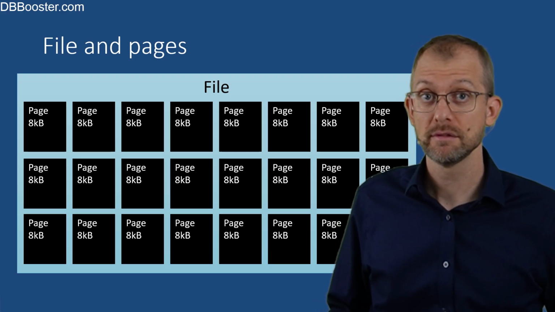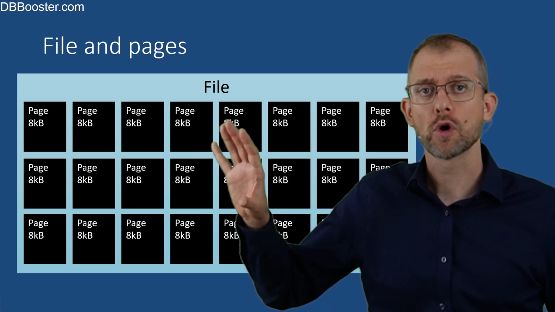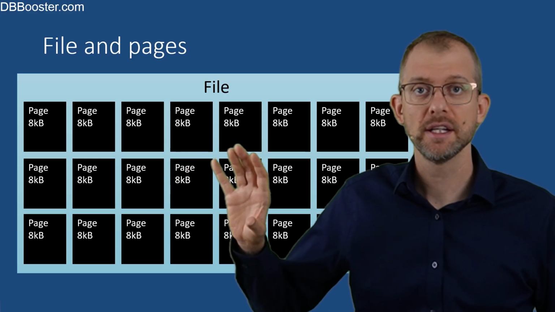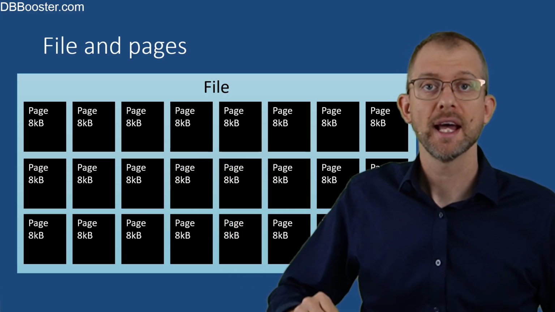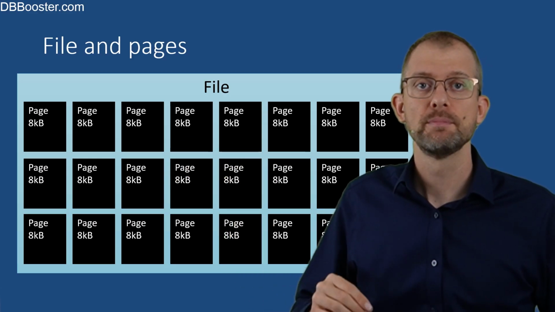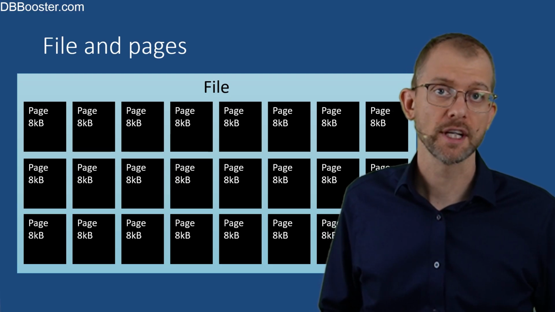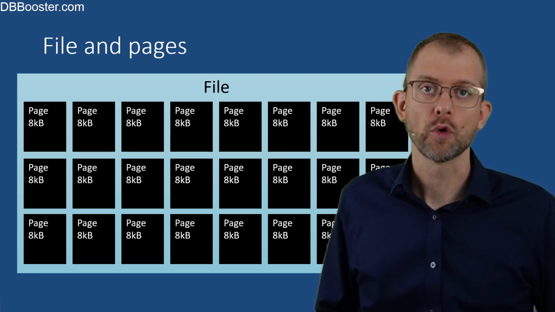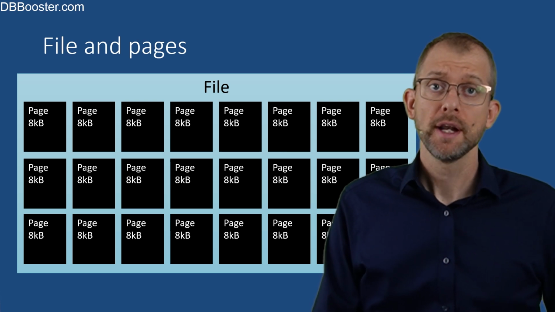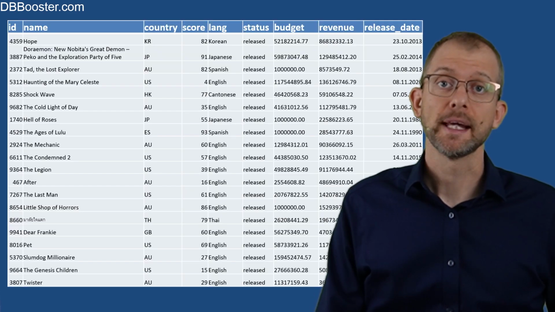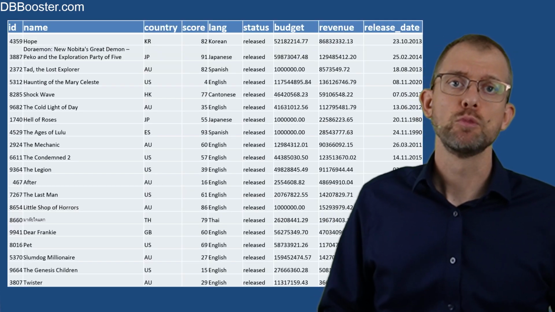So in the end, we have one or more files, each divided into pages, and every page always belongs to exactly one database object, for example, a table or an index. Now let me introduce my table. It contains movies.